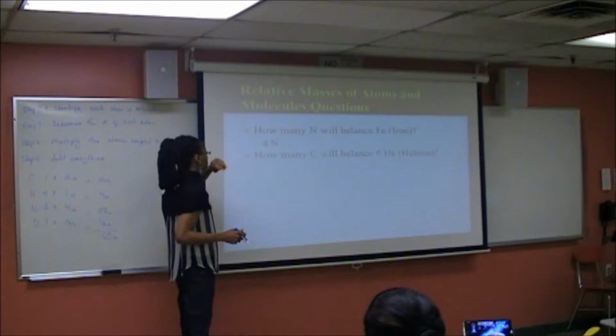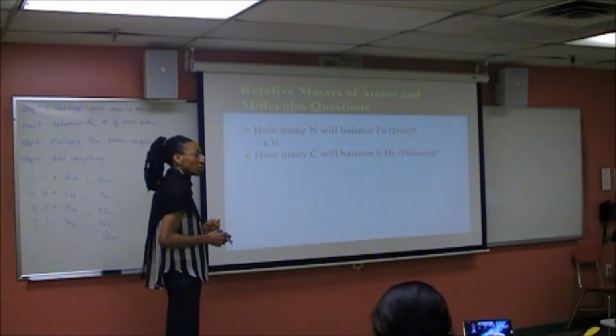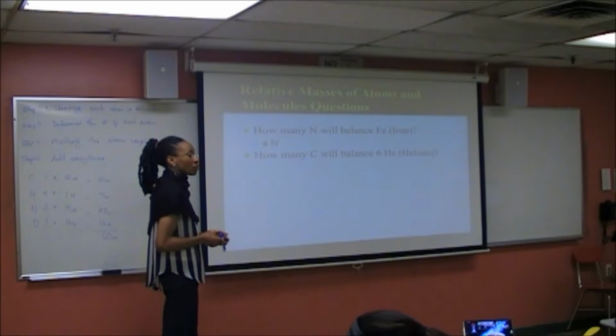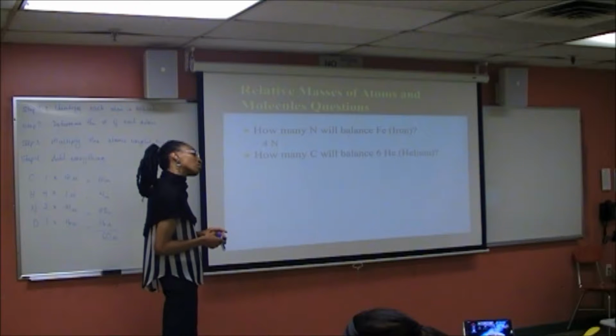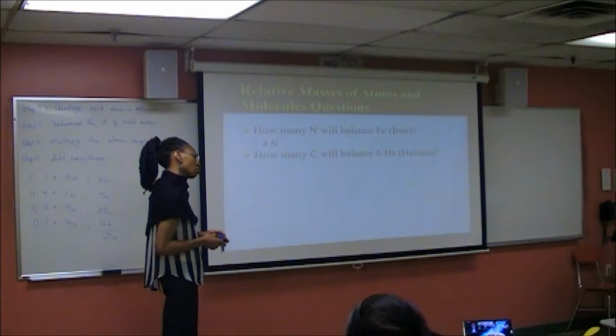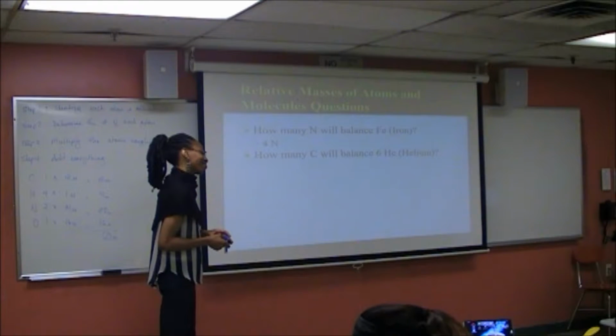I have a question. How much leeway do you get? Because I know in some instances it's not going to be the exact same weight to balance it out. Give one right now.